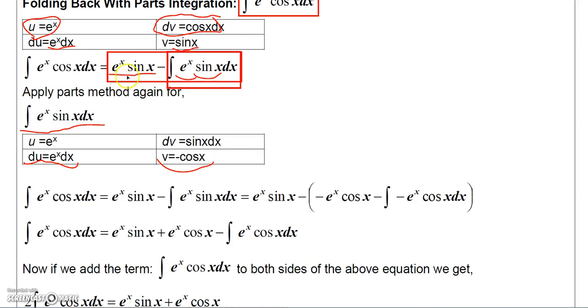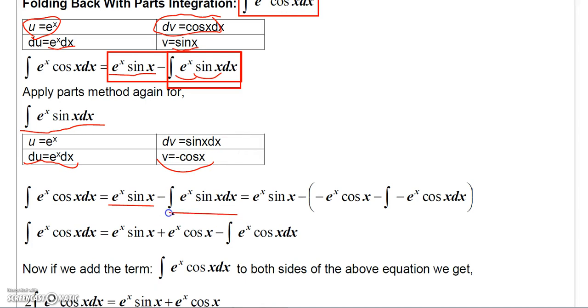So let me show you what I've done here. I just went ahead and copied down e to the x sine x. Okay, so I copied that down, and then just to make sure you can see everything properly, I went ahead and copied this integral down.